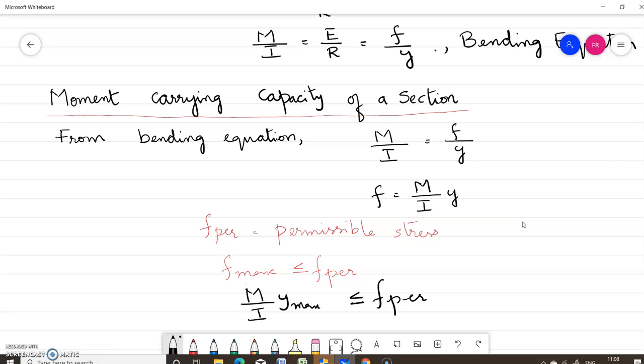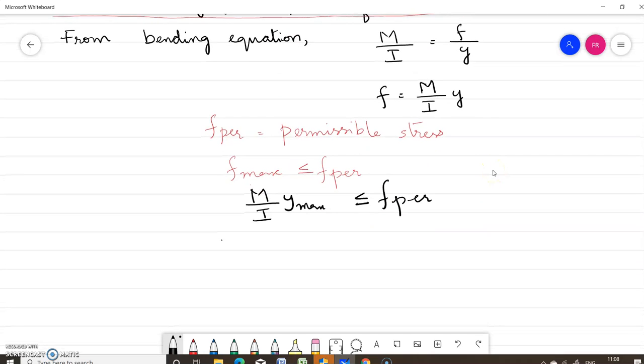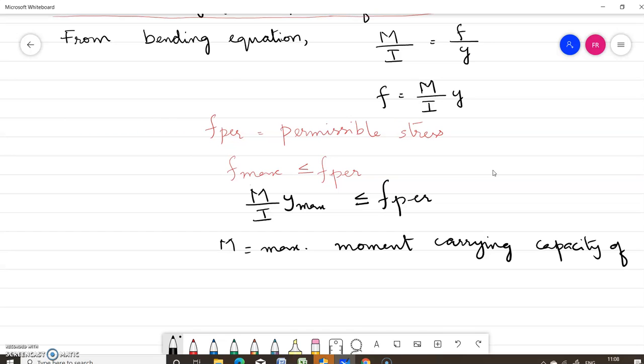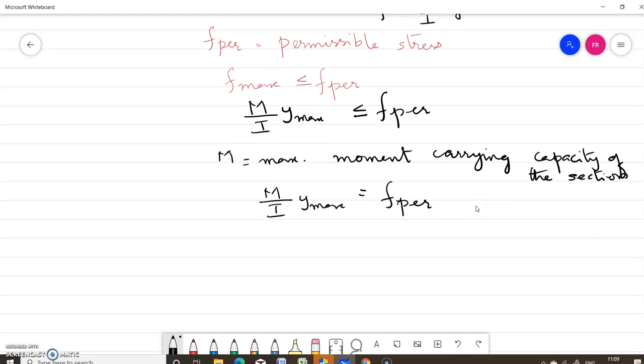If M is taken as the maximum moment carrying capacity of the section, then M by I into Y max is equal to F permissible, or the maximum moment carrying capacity M can be written as M equal to I by Y max into F permissible.